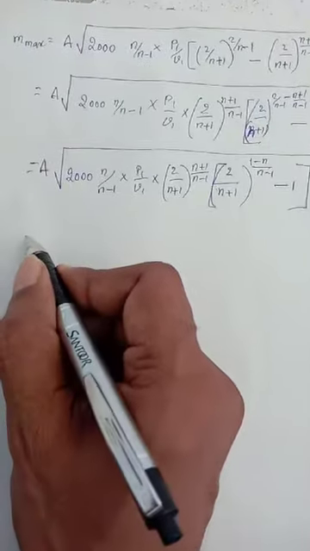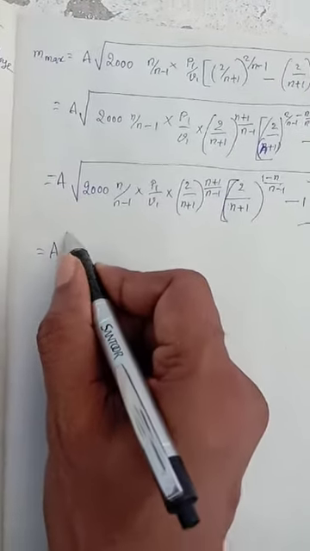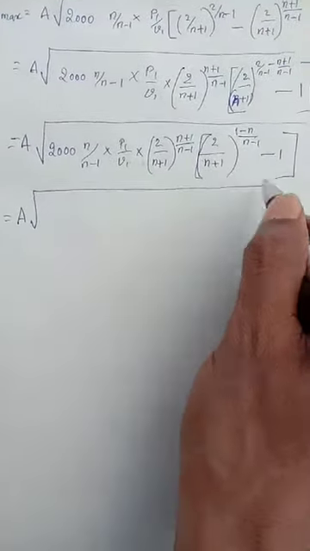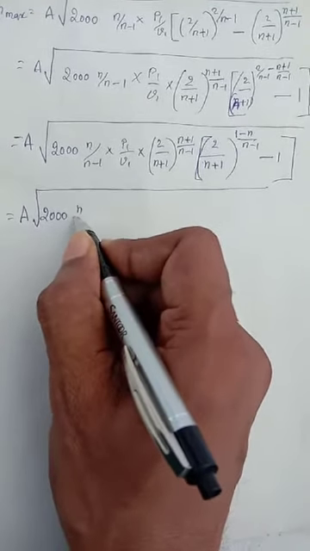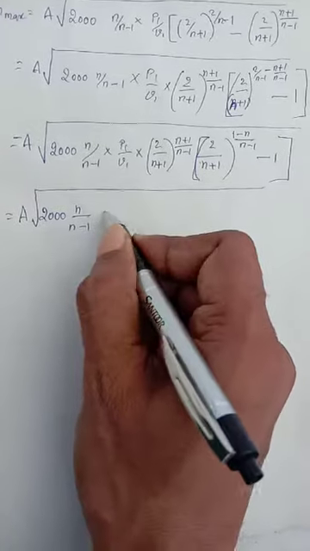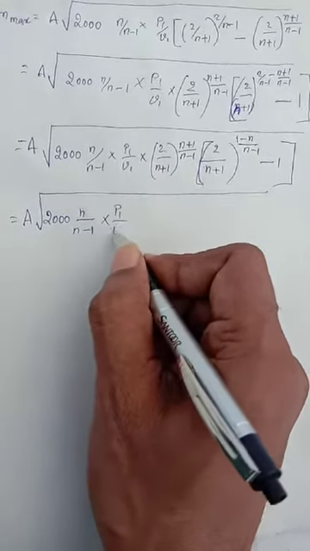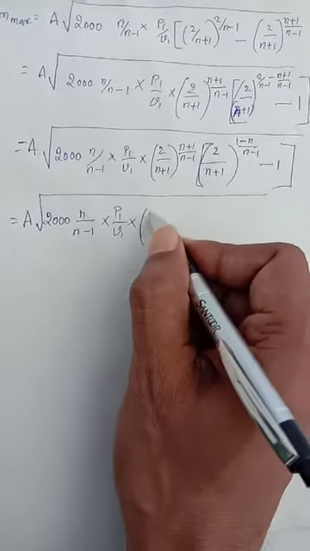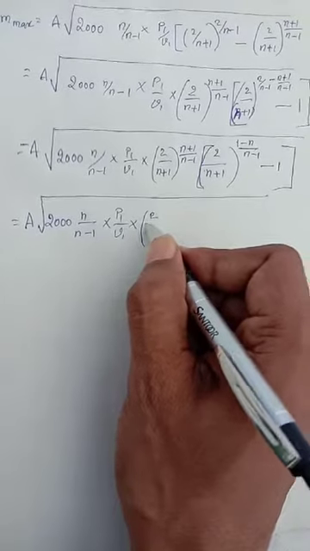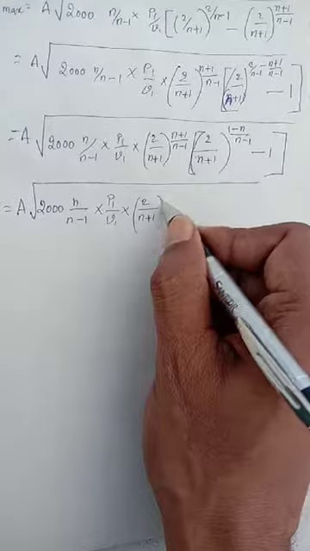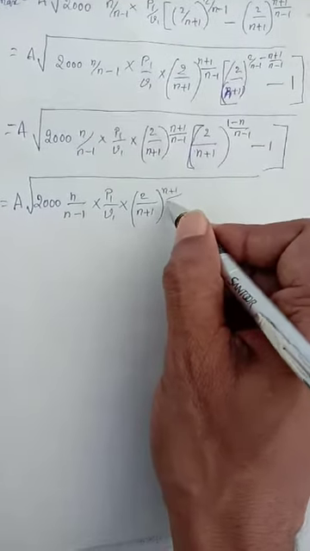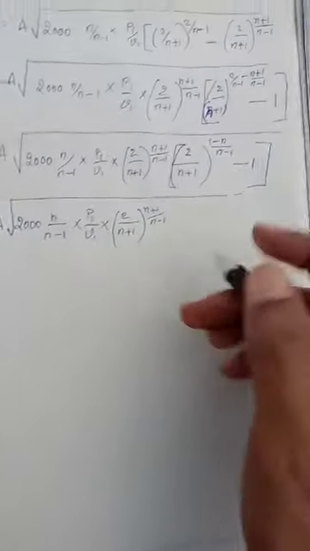Okay, and again I solve this. 2000 n by n minus 1, p1 v1 into 2 by n plus 1, n plus 1 whole power by n minus 1.